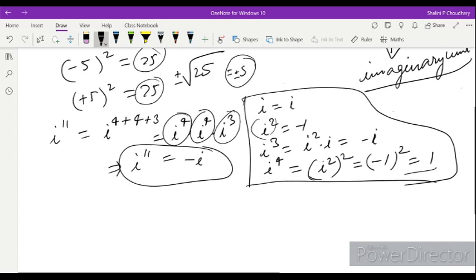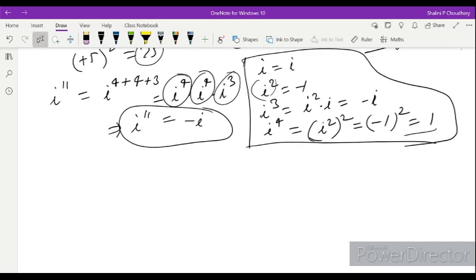This part clear? Now we'll see some properties. Properties of i, there are three properties. First, i multiplied by 0 will get 0.